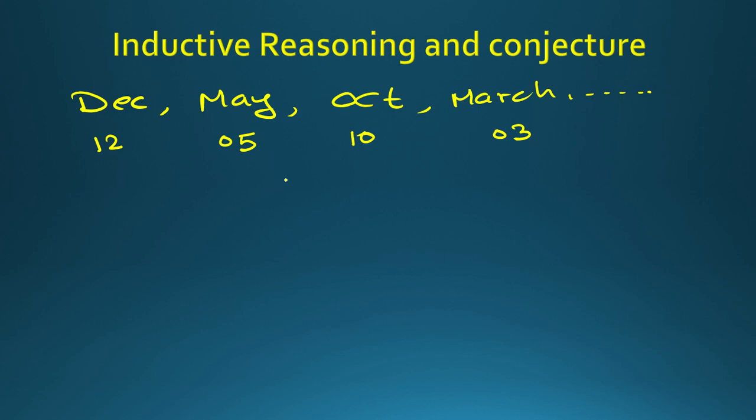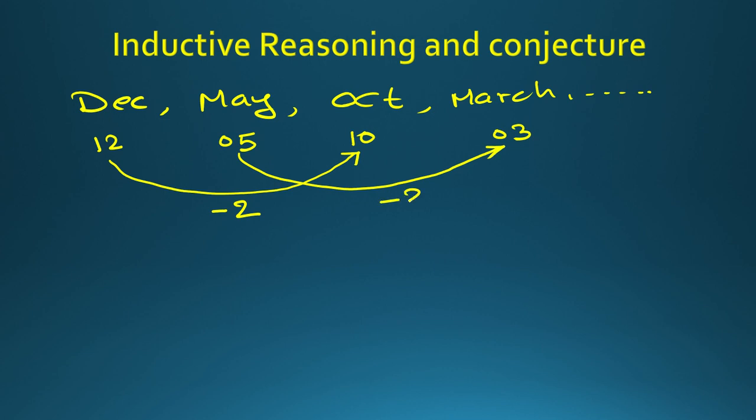What pattern can you see? Every alternate month is decreased by 2. Same here, this month is decreased by 2. So what will come after October? This pattern will continue, so 10 minus 2 means the 8th month.